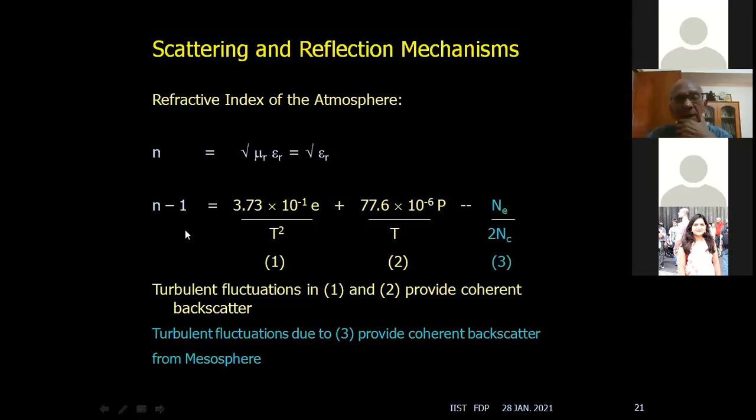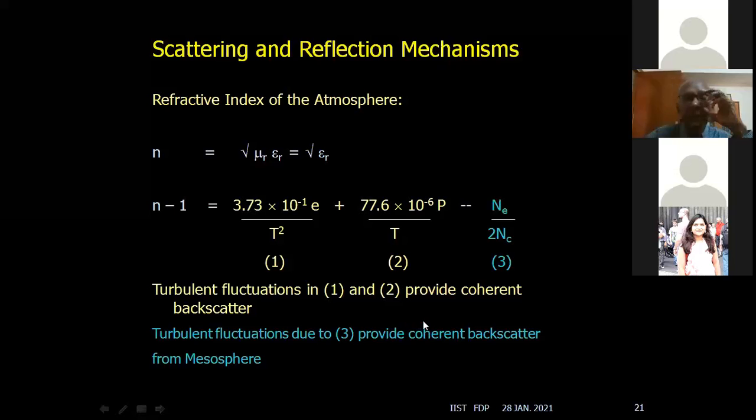Fluctuations in these quantities give the fluctuation in refractivity, and that is responsible for the backscatter from the atmosphere, and fluctuations in the electron density, which are coupled to the neutral turbulence. So the turbulent fluctuations in the third term provide the coherent backscatter from the mesosphere.